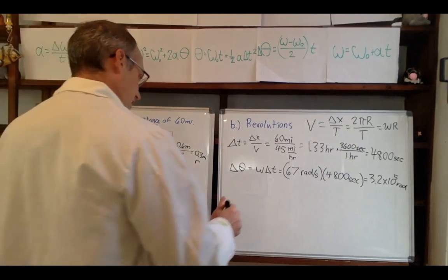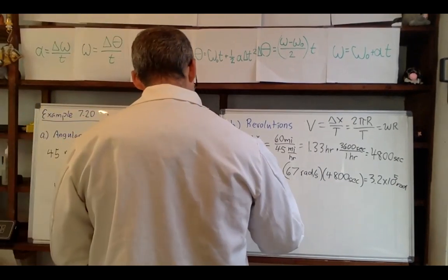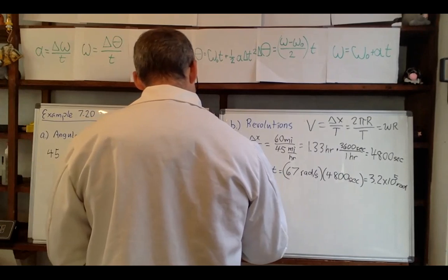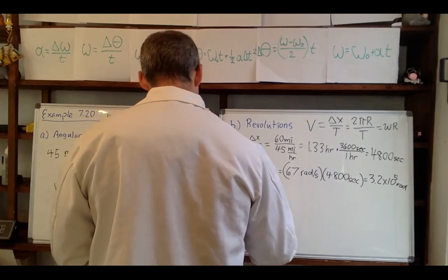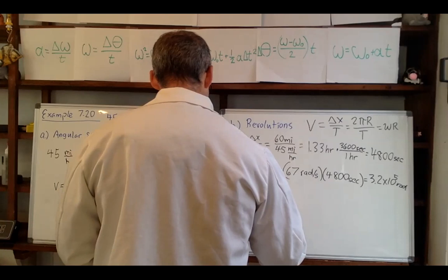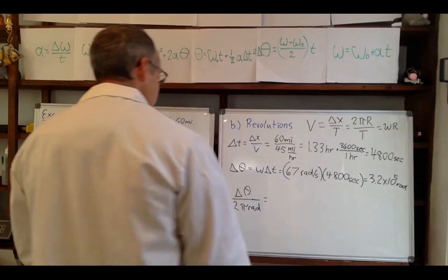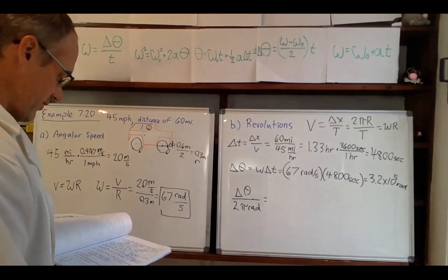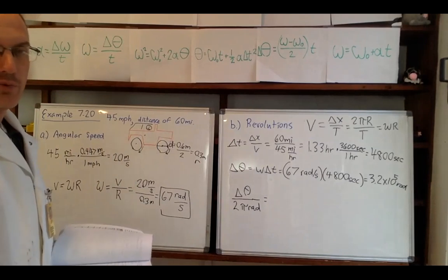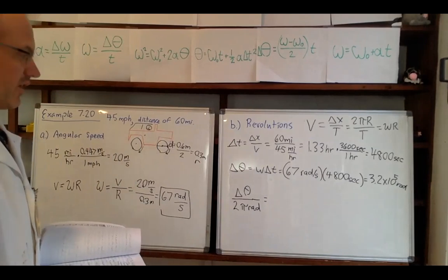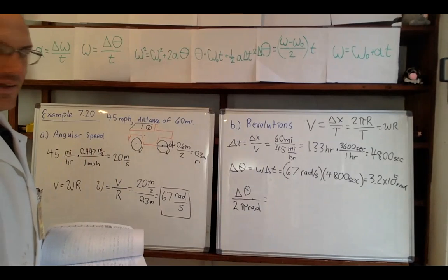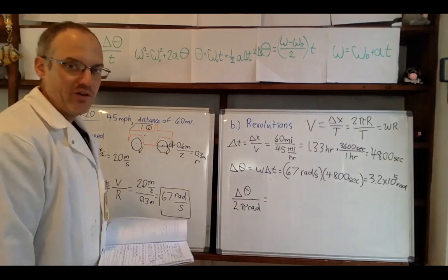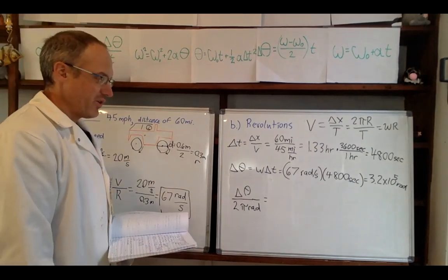Well, if you take your total delta theta and you convert that with 2 pi radians, that will tell you your revolutions. That's how you convert from one system to another. If you remember, 2 pi radians is a complete circle.